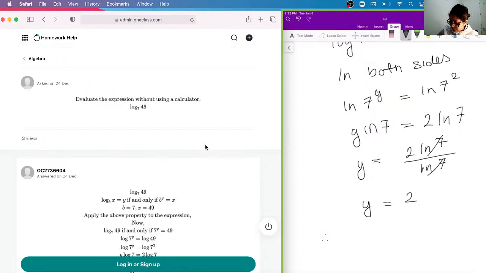Therefore log base 7 of 49 is equal to 2.